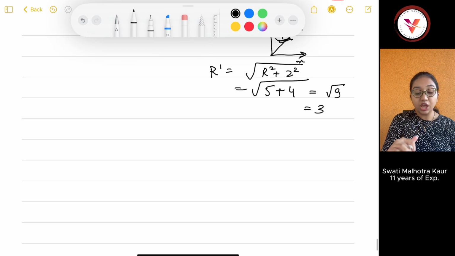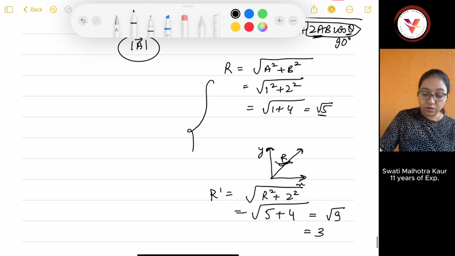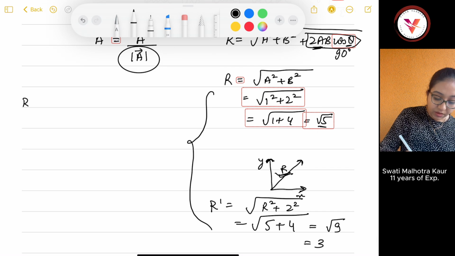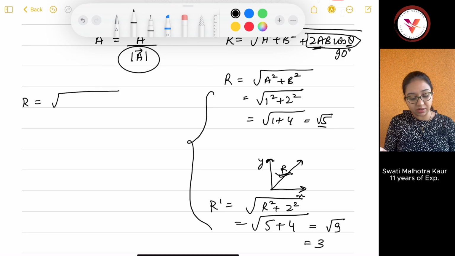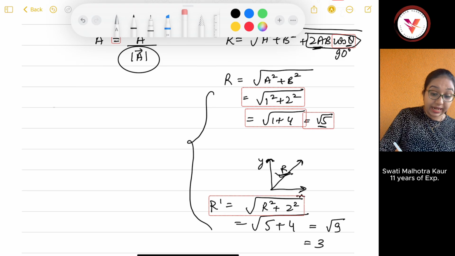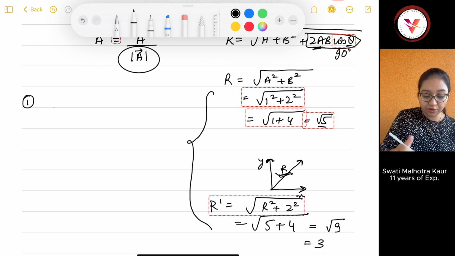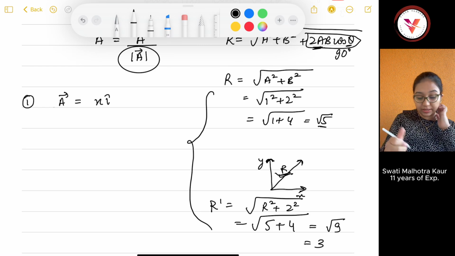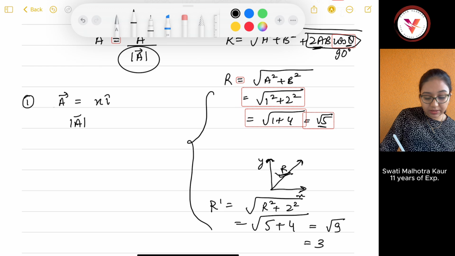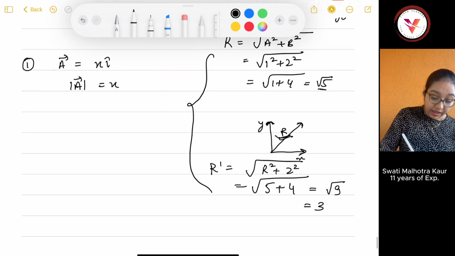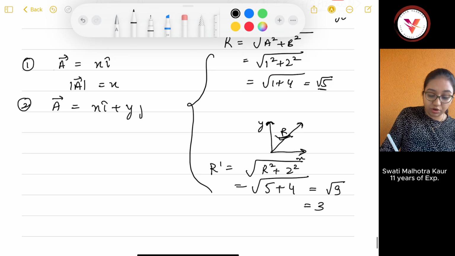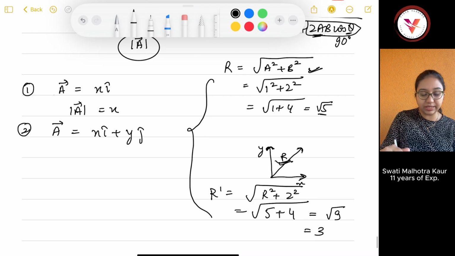That means 3. Now if I have to make a formula out of this, let's break it down. First, if you are given a vector to be simply x i cap, where x has some value, 2, 3, anything, then its magnitude is simply x. If you are given in 2D, x i cap plus y j cap, then you have already seen that you have to use this formula because the angle is 90 degrees.